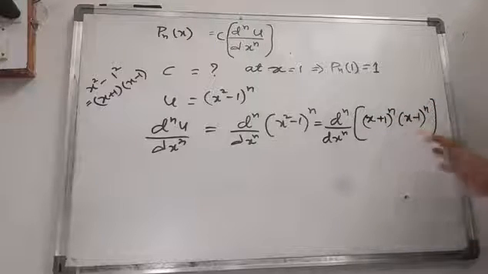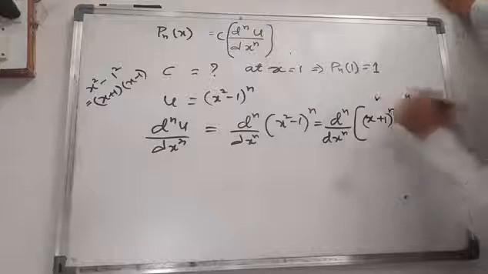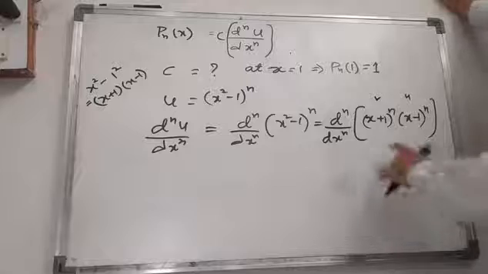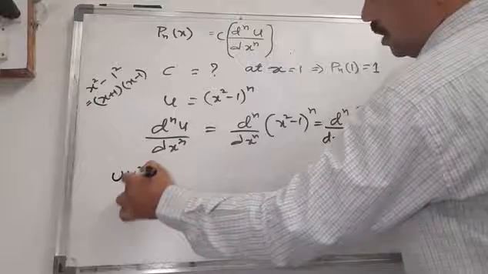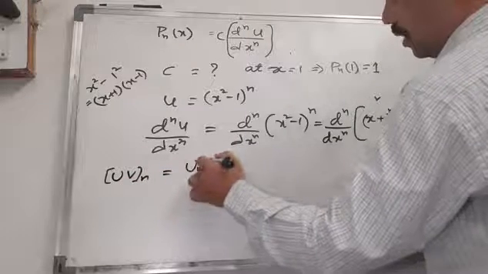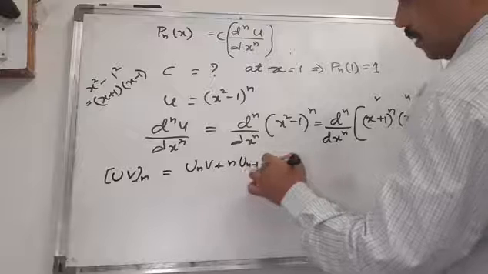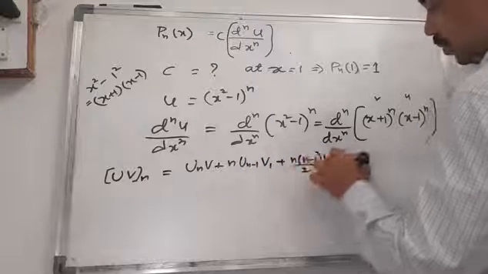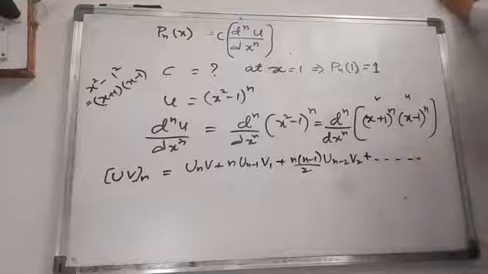Take this one as u function and this one as v function and apply the Leibniz theorem. What is Leibniz theorem? According to Leibniz theorem, the nth derivative of uv is equal to unv plus n into un minus 1 v1 plus n into (n minus 1) by 2 un minus 2 v2 plus and so on.